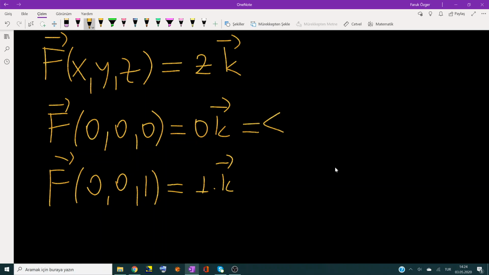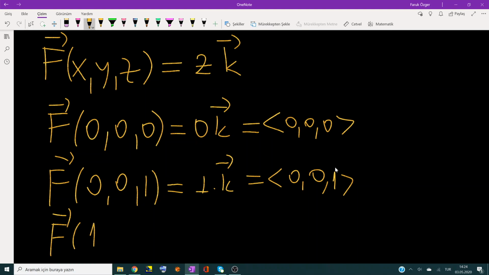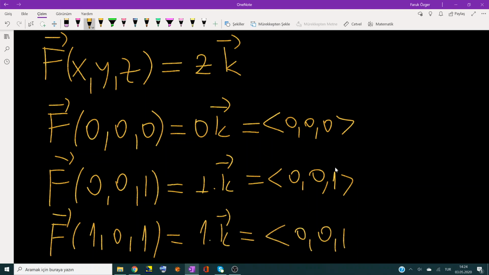It means you have 0, 0, and 1. For the point, let's say 1, 0, 1, you have again 1k, the same vector.